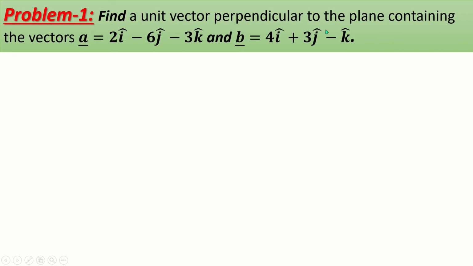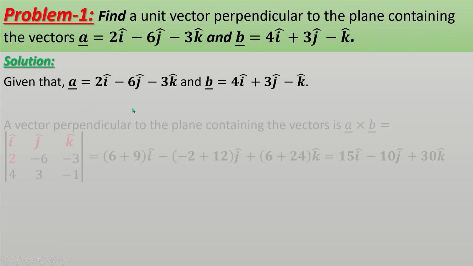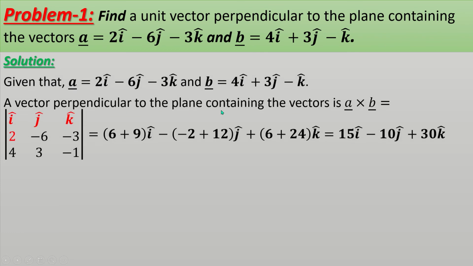Find a unit vector perpendicular to the plane containing the vectors 1 and 2. That means a vector is equal to this and b vector is equal to this. Solution: the vector perpendicular to the plane containing the vectors, a cross b, equals, using this formula, the determinant i j k, 2 minus 6 minus 3, 4 3 minus 1. When we take i, we write this into this and this into this.